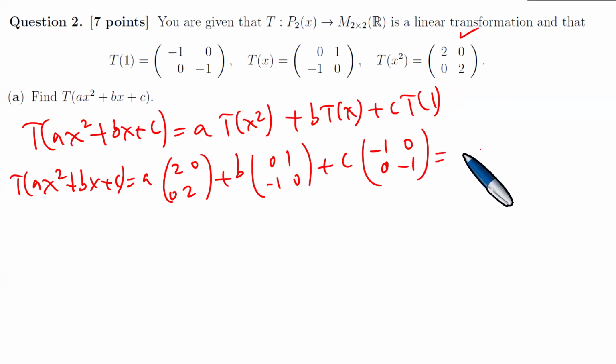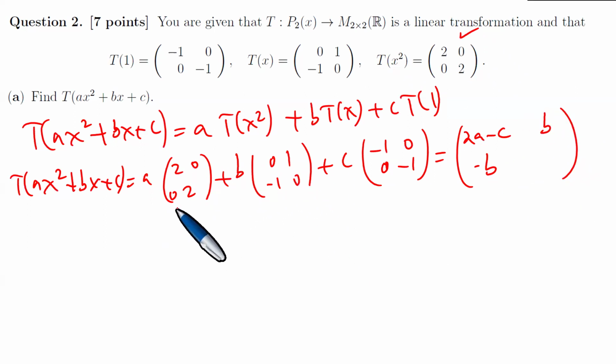With this mentioned, we add everything. So it's going to be 2a - c, then this one is -b, and then this one is exactly b, and then this one is exactly 2a - c, like this. So this is the answer.